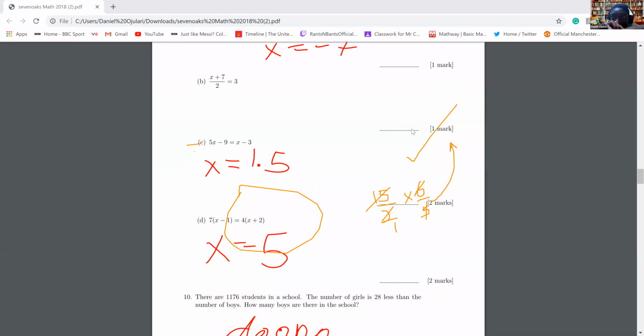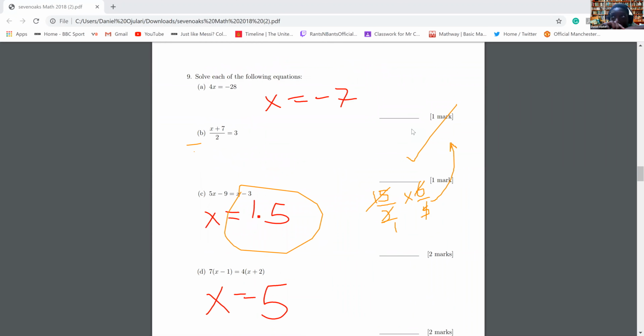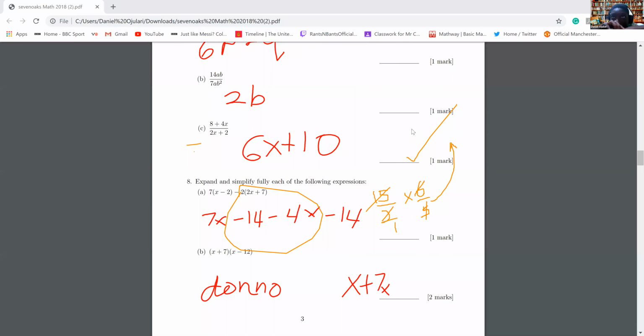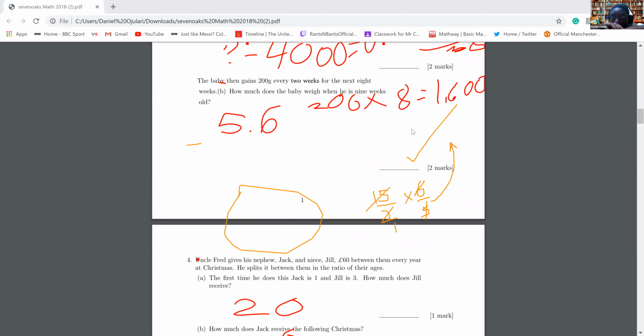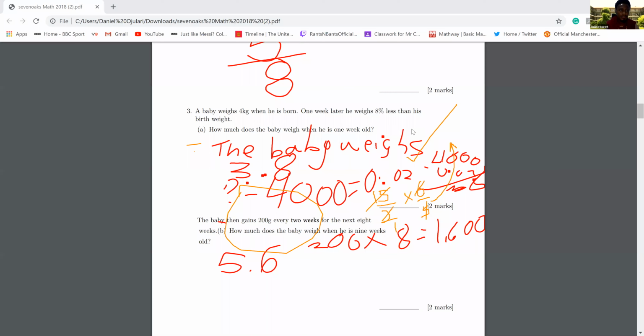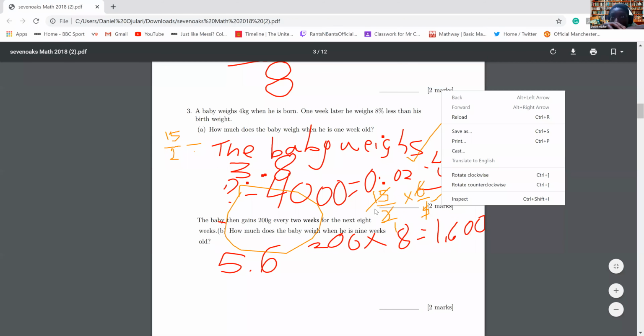Can you see? Scroll to number 3. Number 3, you're going down. Just go to number 3. This is number 3. Can you see it?